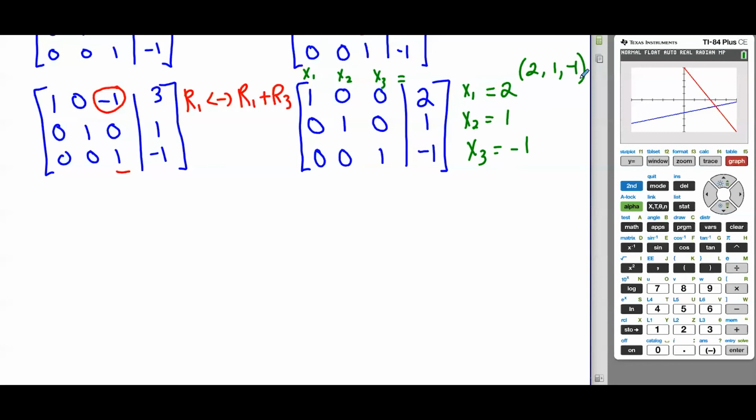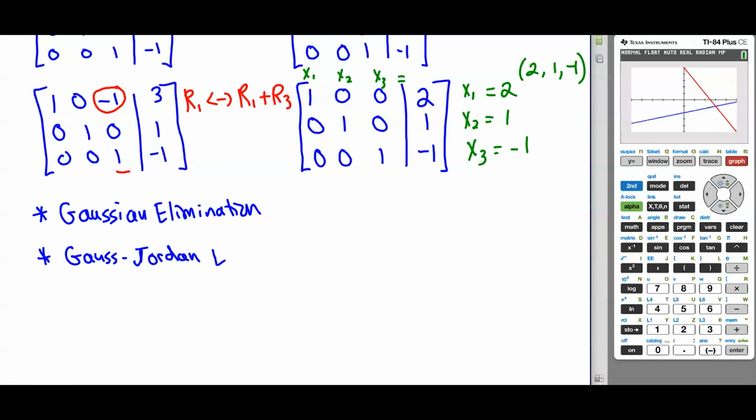So this method of solving systems this way has got two different names that people use. One is Gaussian elimination, and the second name that's popular is Gauss-Jordan elimination, or reduction.